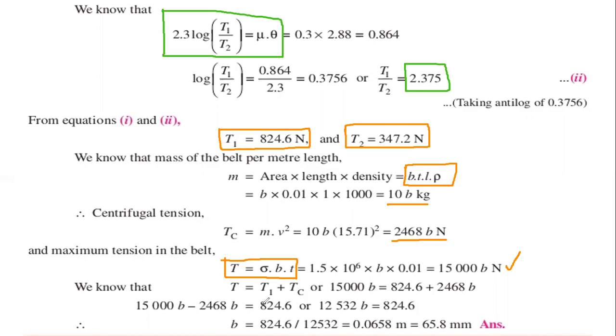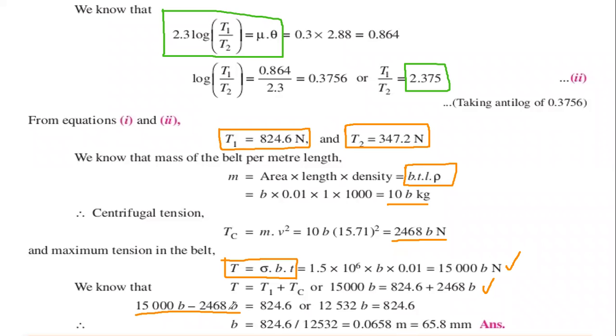Then we need to find the T value, that is T1 plus Tc. By substituting we got 2468 b. Then we know that by the two values, that is the T values, we are going to equate these two: 15,000 b minus 2468 b is equal to 824.6.